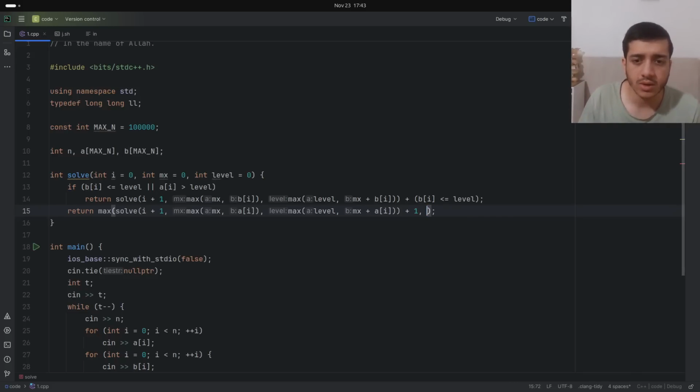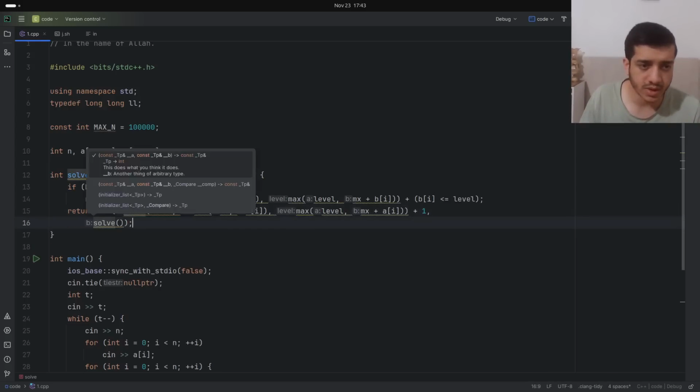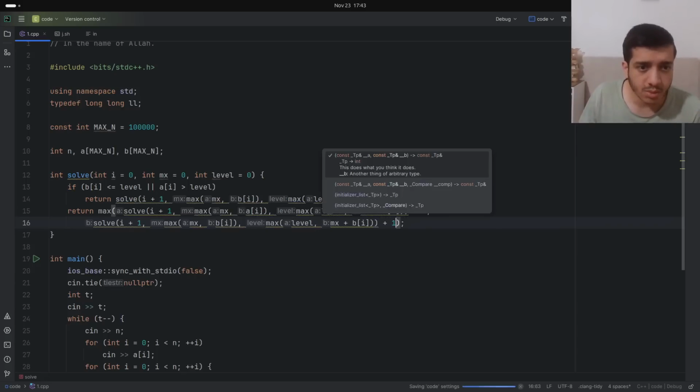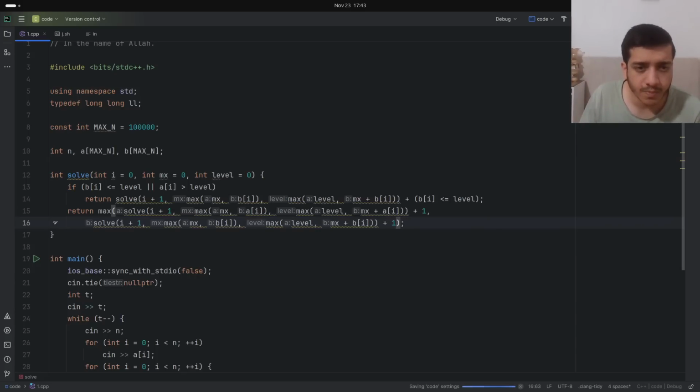Or we solve the second option, that is the maximum of B_i and then level.